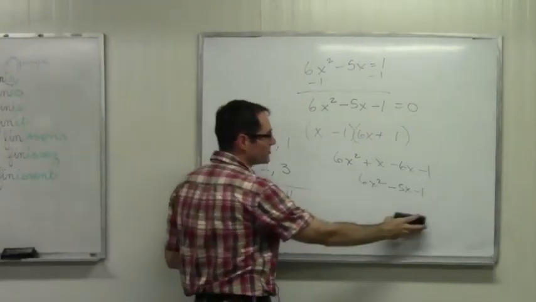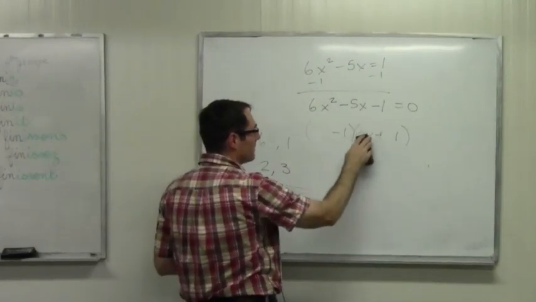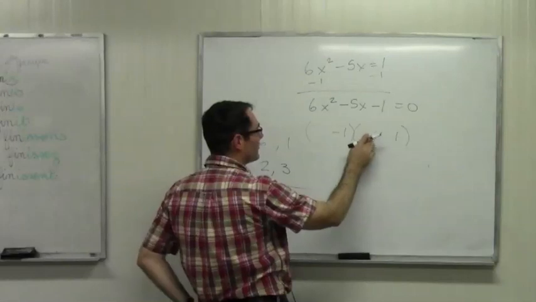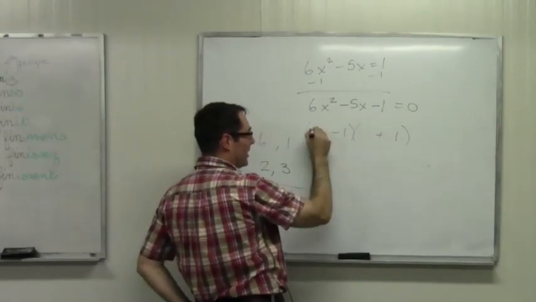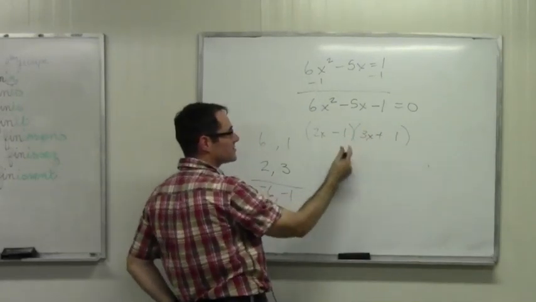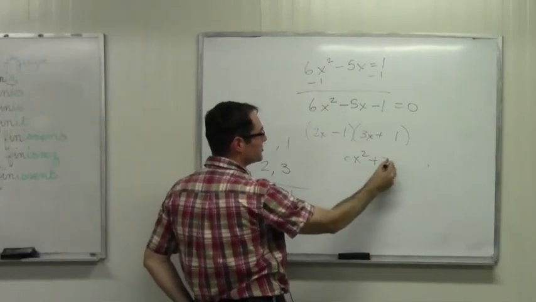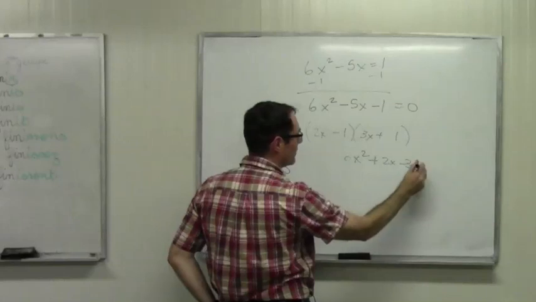You could also say, well, what if maybe the other one will work too? Maybe the 2 and the 3. The problem is the 2 and the 3 would work if this was not a negative 1. But let's try it. 2x and 3x. 6x squared, outside plus 2x, inside minus 3x, and last minus 1.